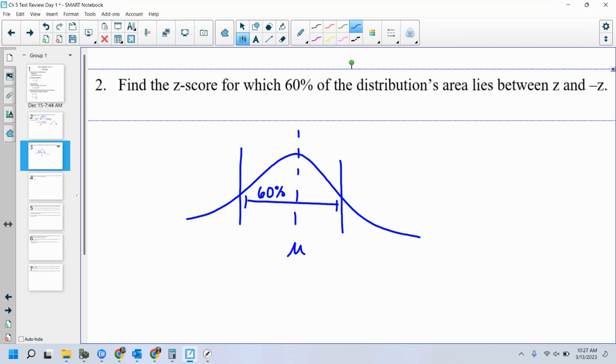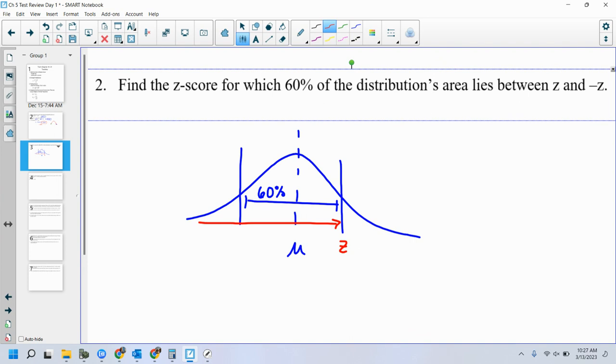There's a couple different ways we could think about this. My brain immediately goes to this: I know my z-score chart has areas to the left, correct? So what percentage am I really looking for? Am I looking for 30? 60? Neither one of those. Is it 80? 40?